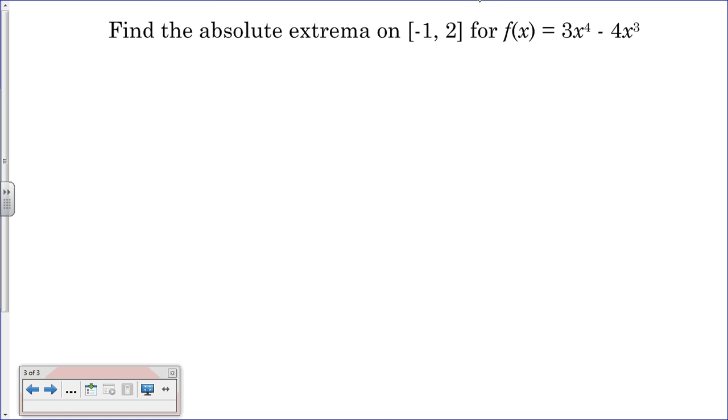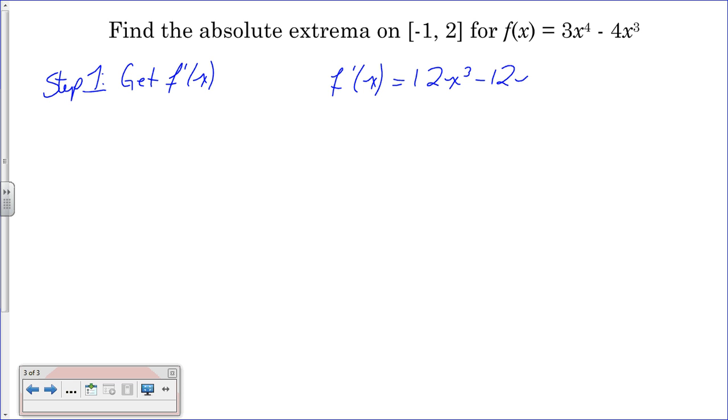So find the absolute extrema on the interval negative 1 to 2 for f of x equals 3x to the fourth minus 4x cubed. So if you remember from yesterday, step 1 is get f prime of x. So f prime of x equals 12x cubed minus 12x squared. All right, step 2.